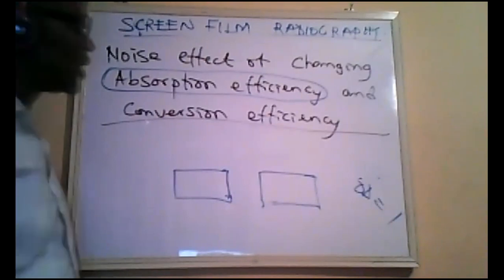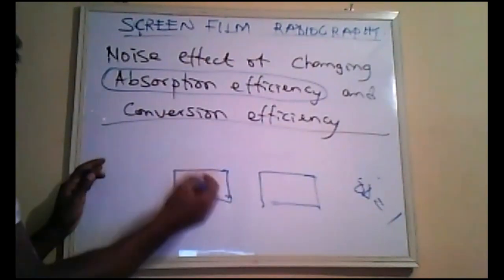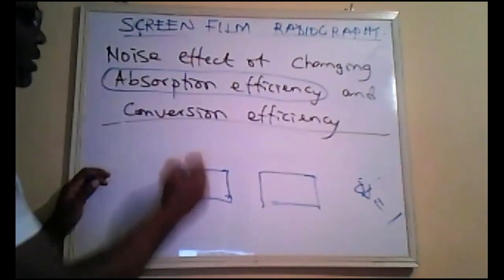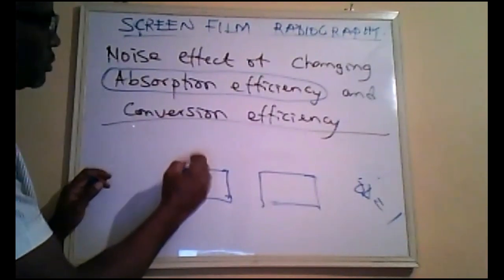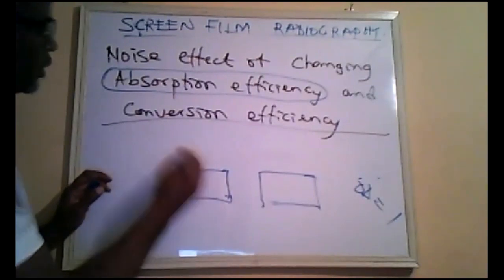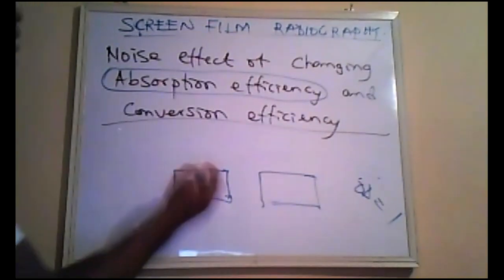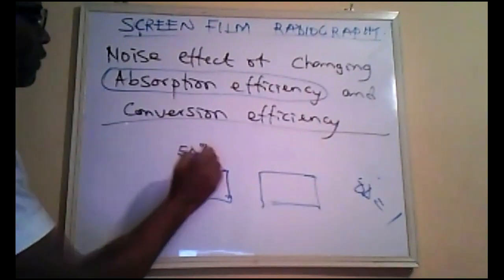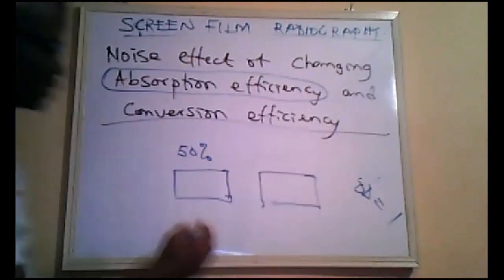What happens if this one has a smaller conversion efficiency? How do I explain this? This one can actually convert 50% to obtain an OD of 1.